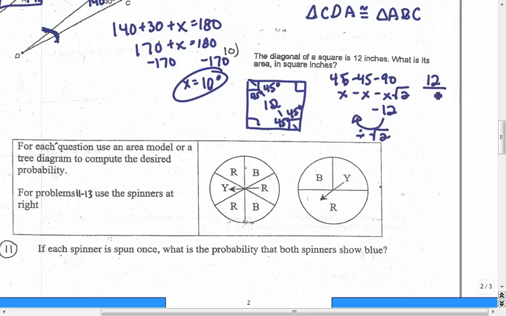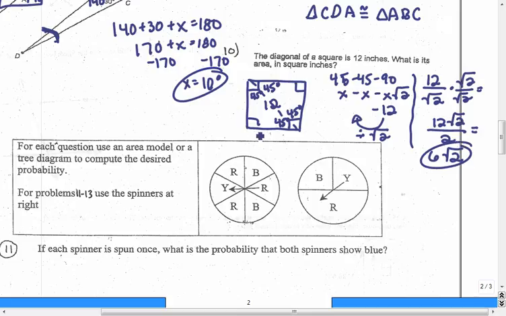So 12 divided by radical 2, well, I've got to rationalize that. So I'm going to multiply it by radical 2 over radical 2. Well, that's going to give me 12 radical 2 over 2. Well, I can simplify that. So 12 divided by 2 is 6, so it's going to be 6 radical 2. So that's each side, but I want the area.